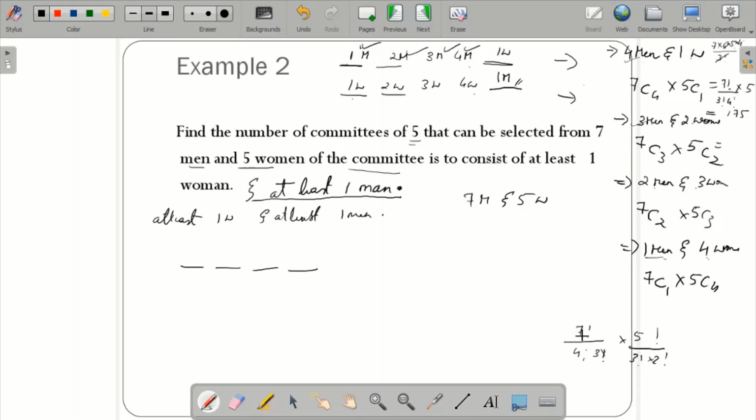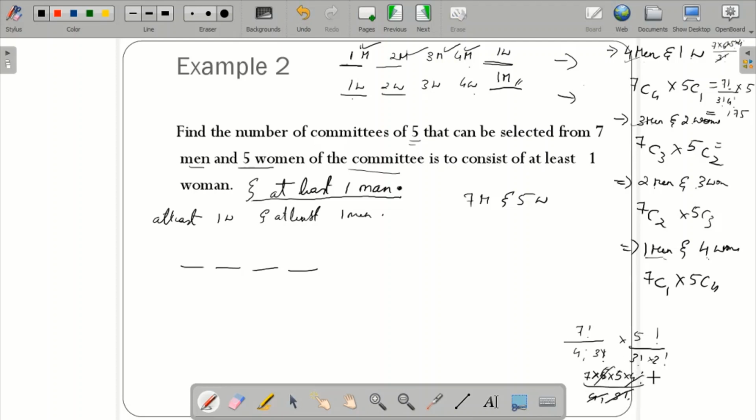So here 7 into 6 into 5 into 4 factorial divided by 4 factorial; this and this get cancelled. Here 3 factorial is there, this and this cancel.